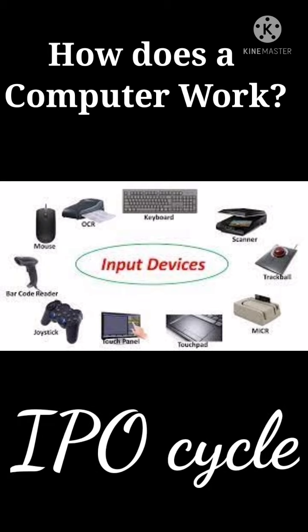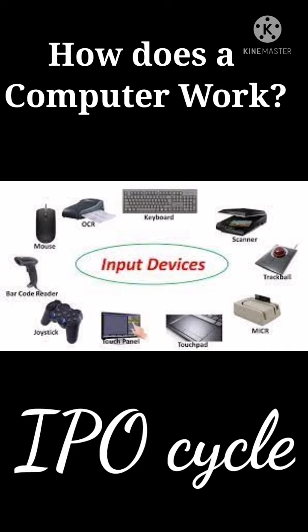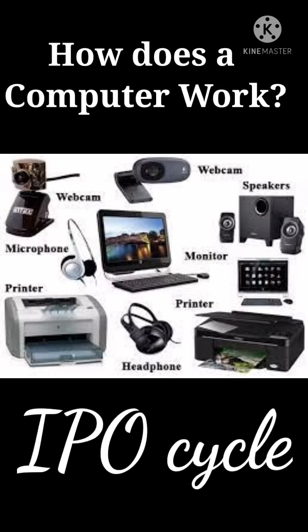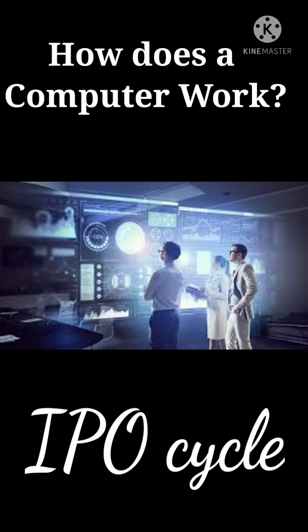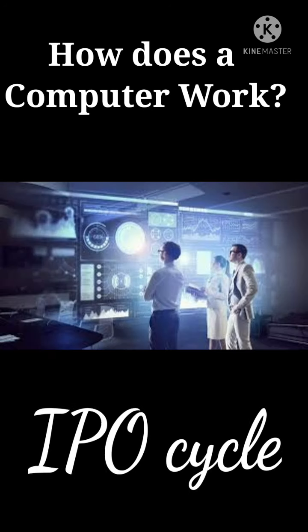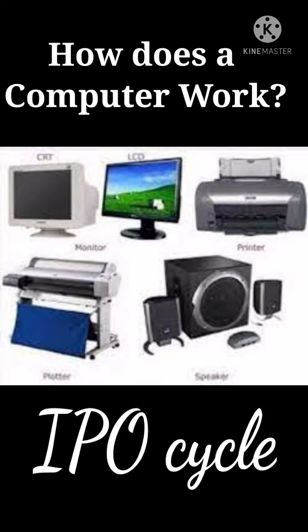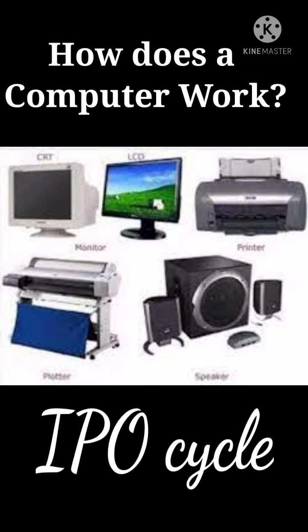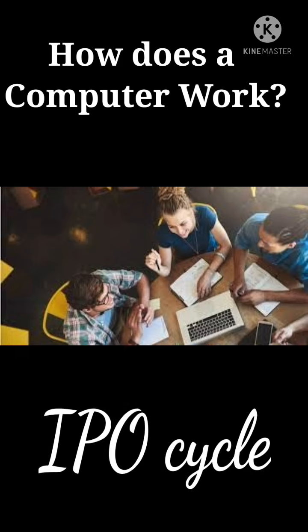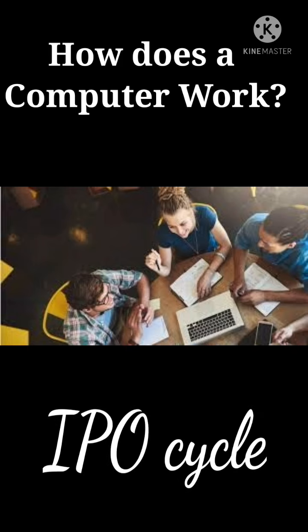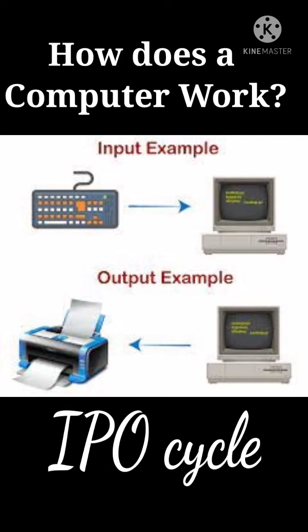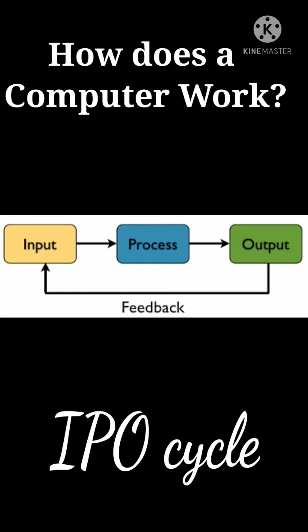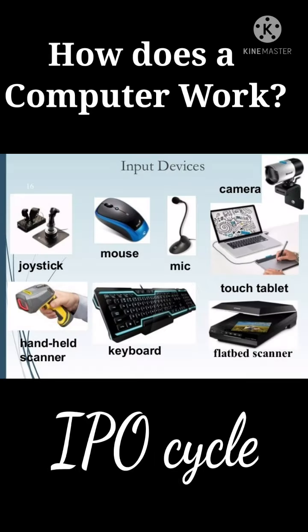We use a keyboard, mouse, microphone, etc. to provide input. The computer executes the instructions. This is known as processing. CPU is an example of a processing device. The results that are shown after processing are known as output. Monitors and speakers are some examples of output devices.